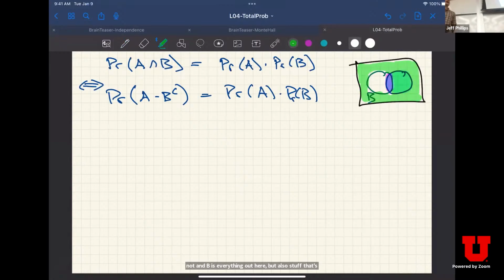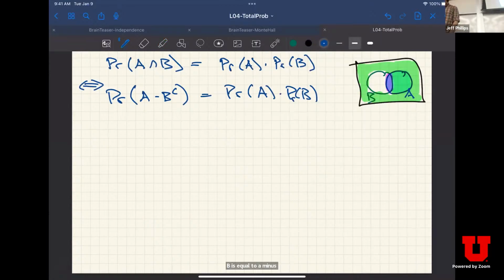So I'm subtracting off the green part, but I'm not removing it if it wasn't originally part of A. If it's not originally part of A, I don't subtract it. So all that's left is the purple part in the middle. These are equivalent to each other: A intersection B is equal to A minus B complement.